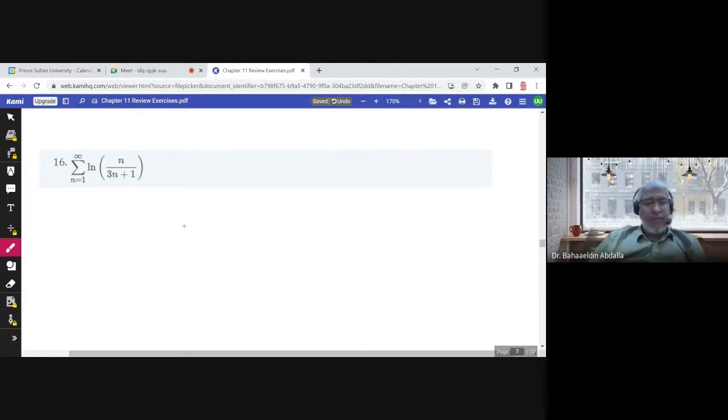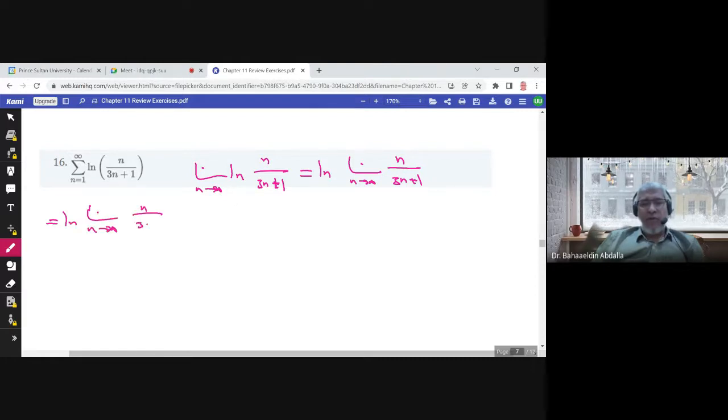Well, if I try to find the limit of an here when n goes to infinity, the ln is a continuous function, so I can take the limit inside the ln, and now I deal with the highest power when n goes to infinity, so n over 3n.